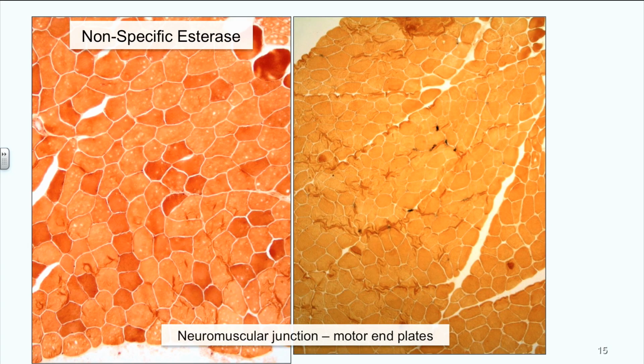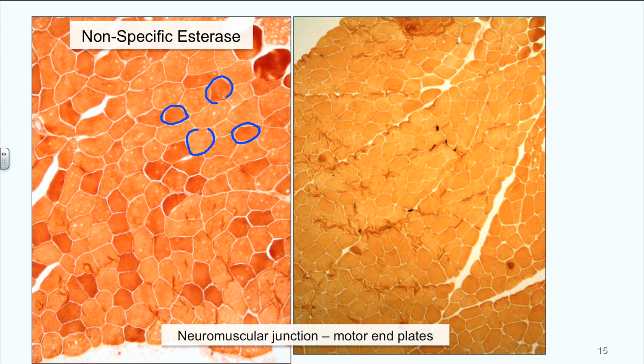But when you look at non-specific esterase, it would give you another idea about the severity of the neurogenic changes in the muscle. Here we have on this slide normal non-specific esterase, and it's neat because it's the first enzyme, when you're looking at the slides, that would show this mosaicism among the myofibers.